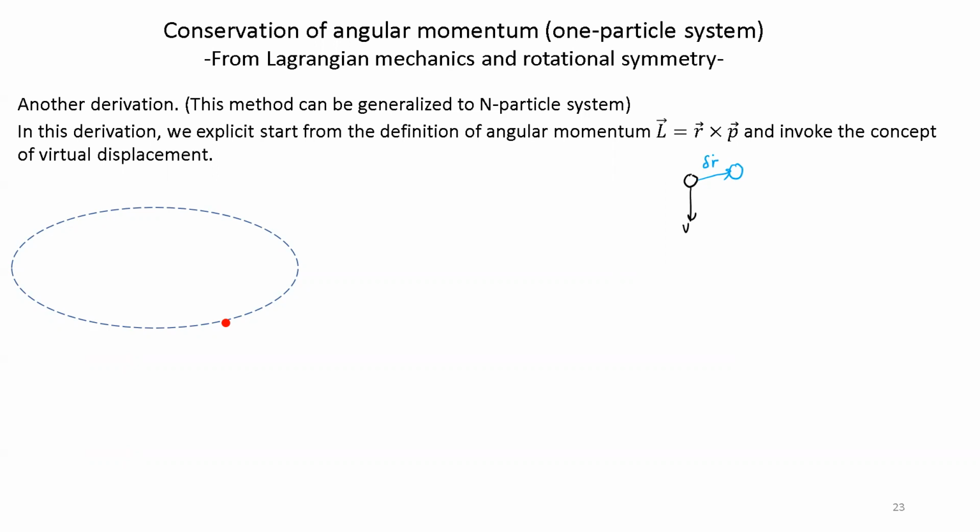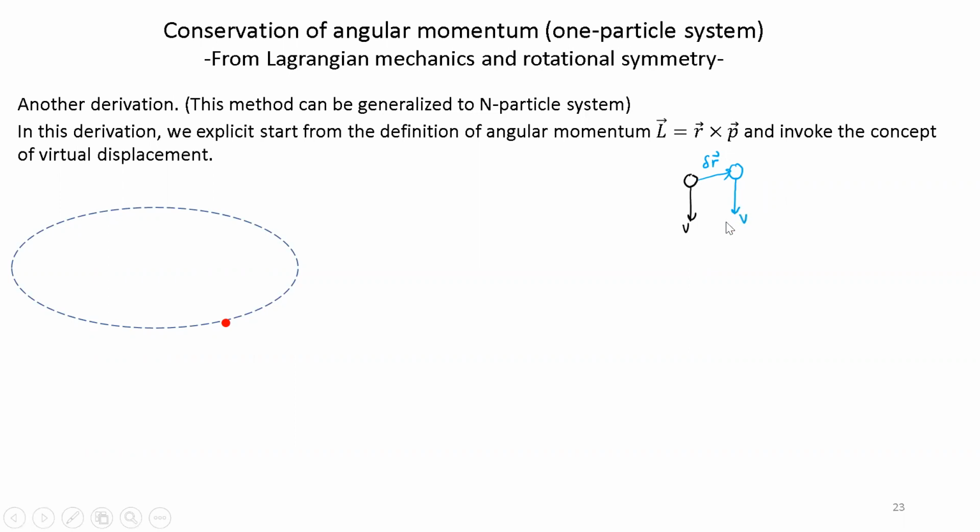The virtual displacement I call delta r, and you do that instantaneously. Remember that I told you to imagine that you are able to freeze the time, and then you do the shift on this particle, and then unfreeze it and let the system evolve again.